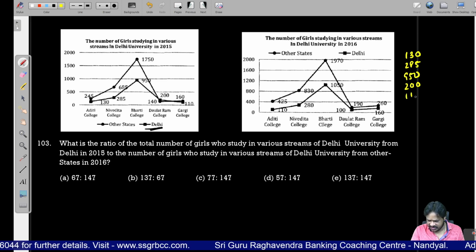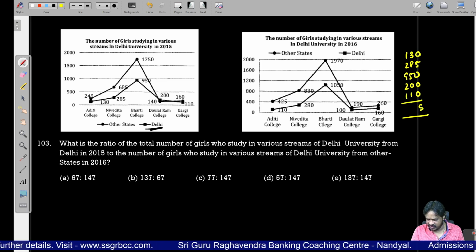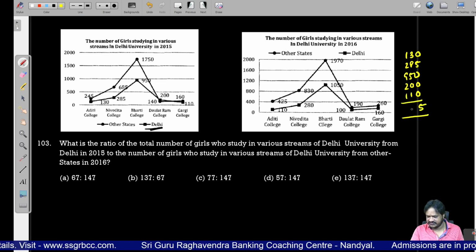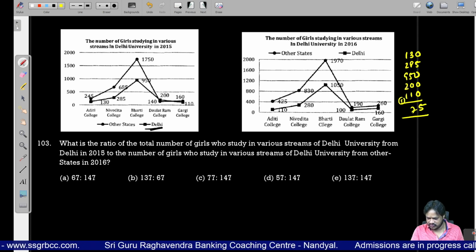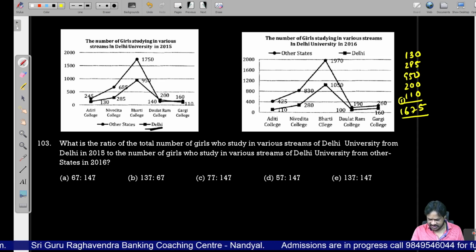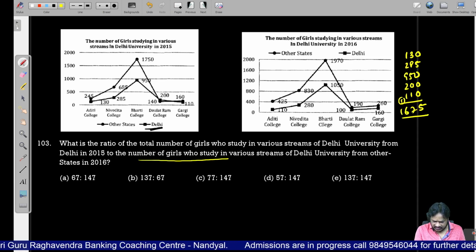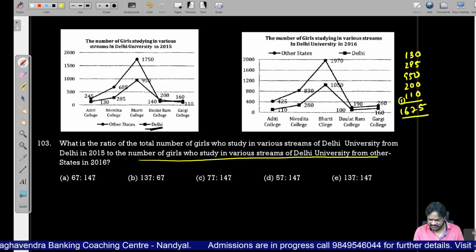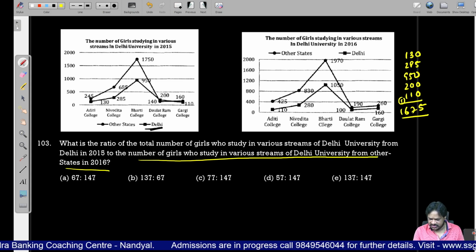The last one is 110. We take the total, it is 1675.